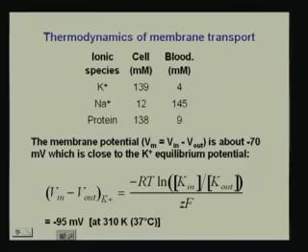What is this potential? It is a membrane potential. Why do we have a membrane potential? Because we have different amounts of charged species on either side of the membrane. So, that is going to give rise to a membrane potential. It is also going to give rise to a concentration gradient, and in the calculation of the delta G, we have to utilize not only the concentration gradient, but also the membrane potential.